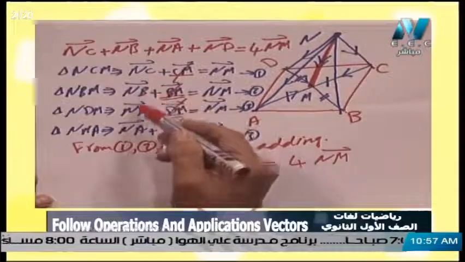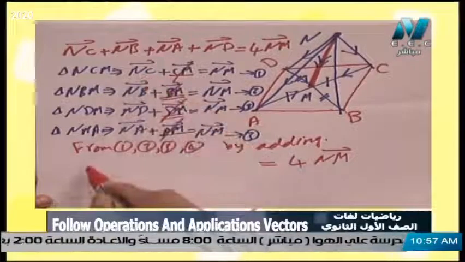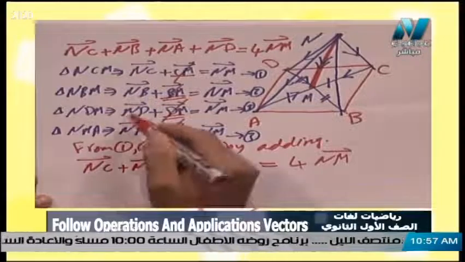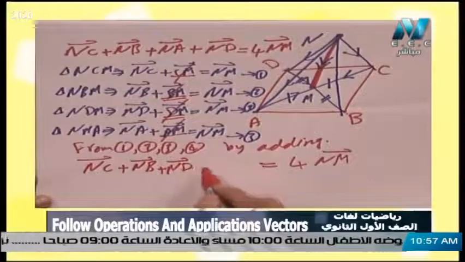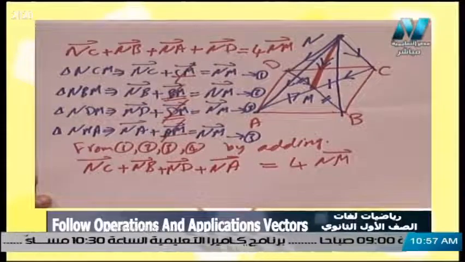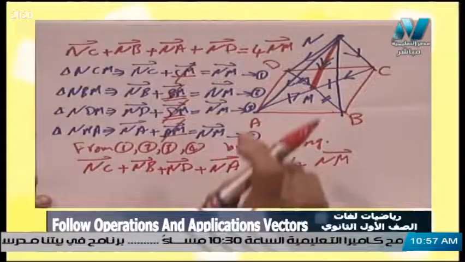And the remainder here is the vector NC plus the vector NB plus the vector ND plus the last vector NA. Okay, look carefully at this and at this.